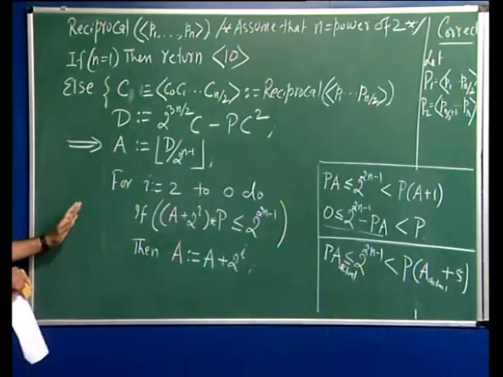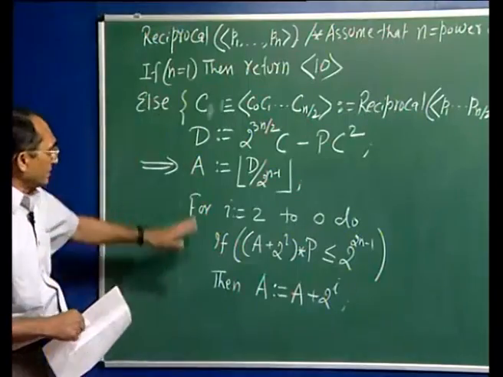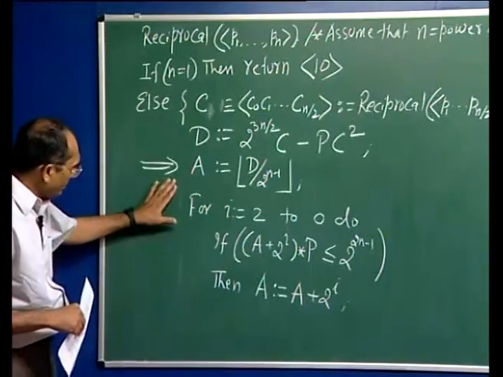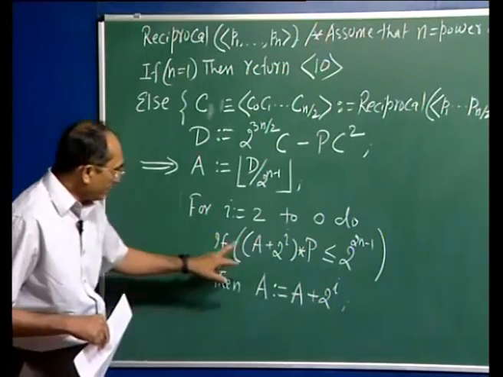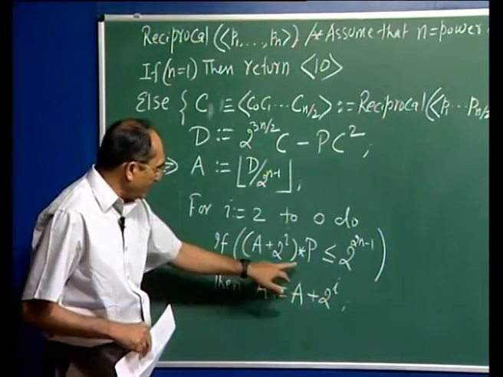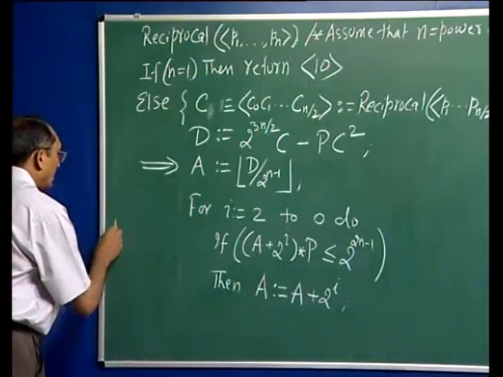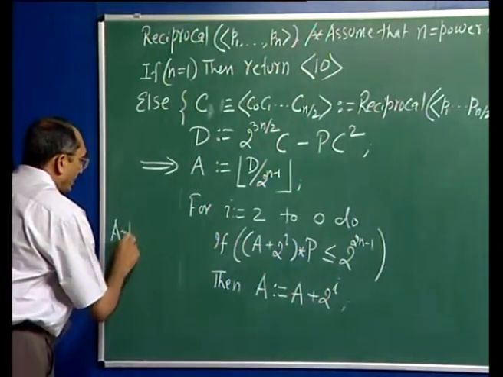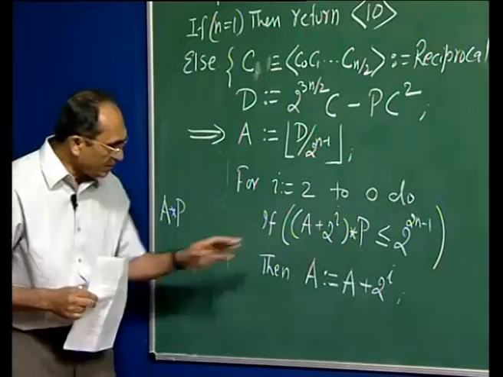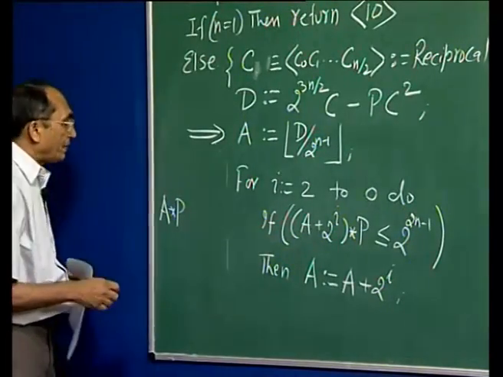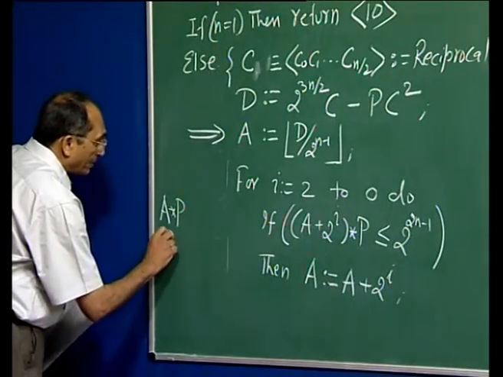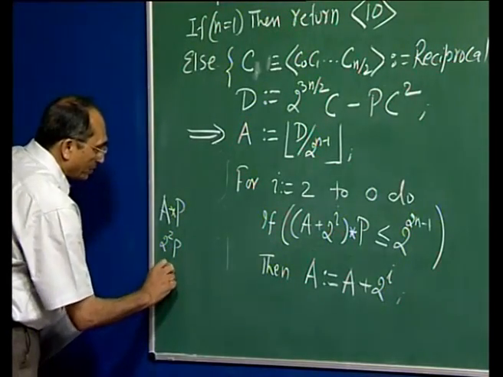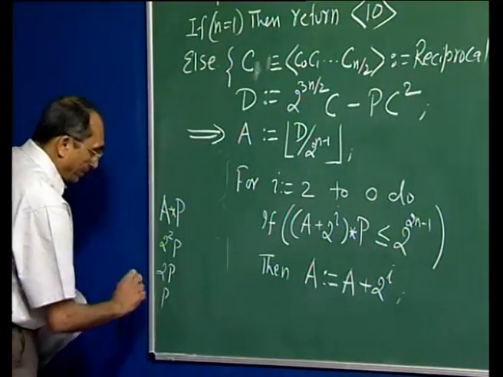In the next step, I am going to now determine the complexity. So, now we will look at the complexity of this algorithm. Before I do that, I want to make a comment about this step. If you notice, all we require here is one multiplication, namely A times P. Subsequently, if required, we will have to multiply 2 to the power 2p or 2 to the power 1p or just p.